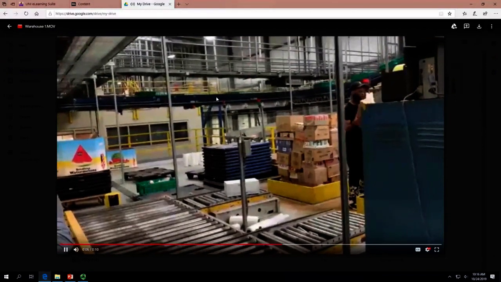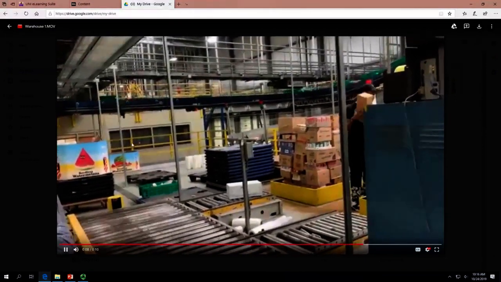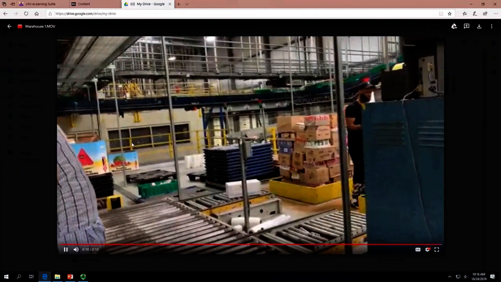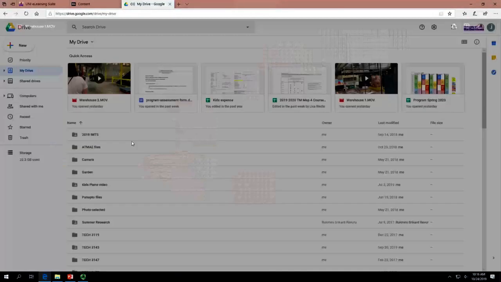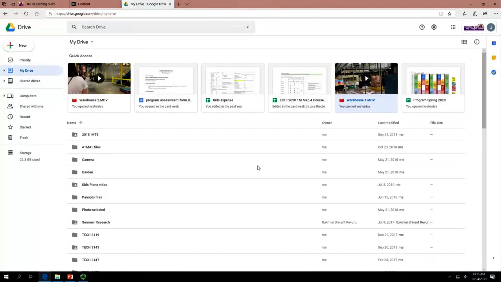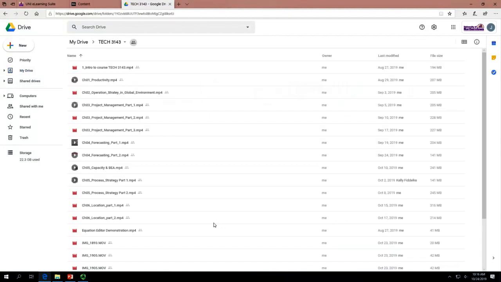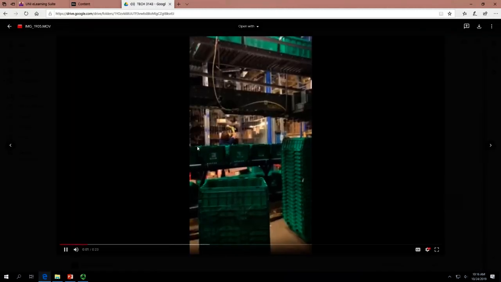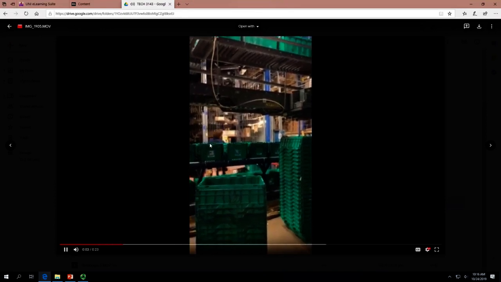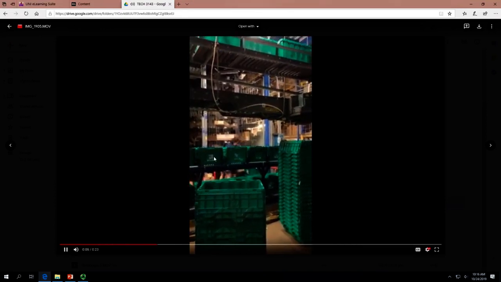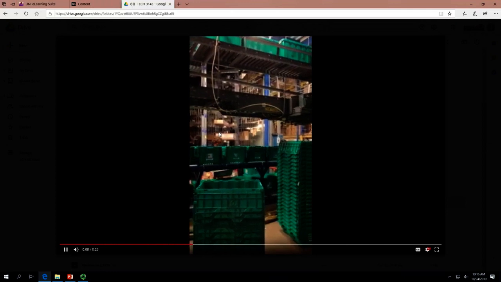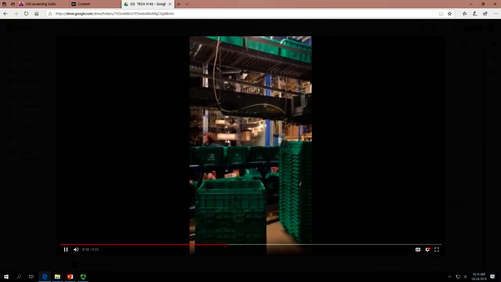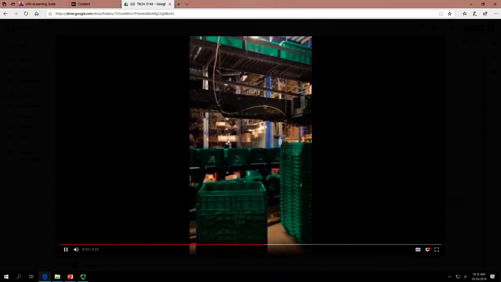It's a big, very tall building, and they use the conveyors to move things. This is the operator moving the desired parts, putting them into different bins and onto the conveyor.